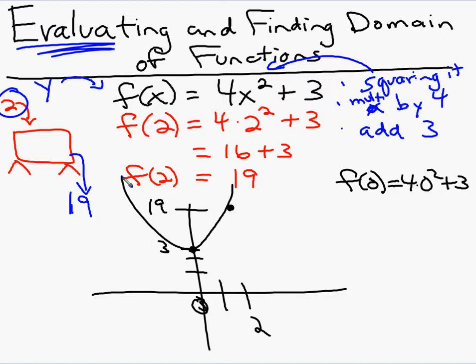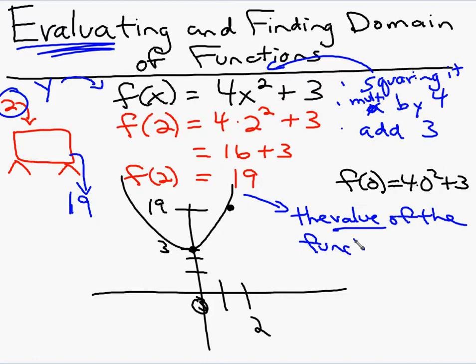So what I want you to get is, I want to actually write down something here. We can conclude from this statement that the value of the function at 2 is 19.